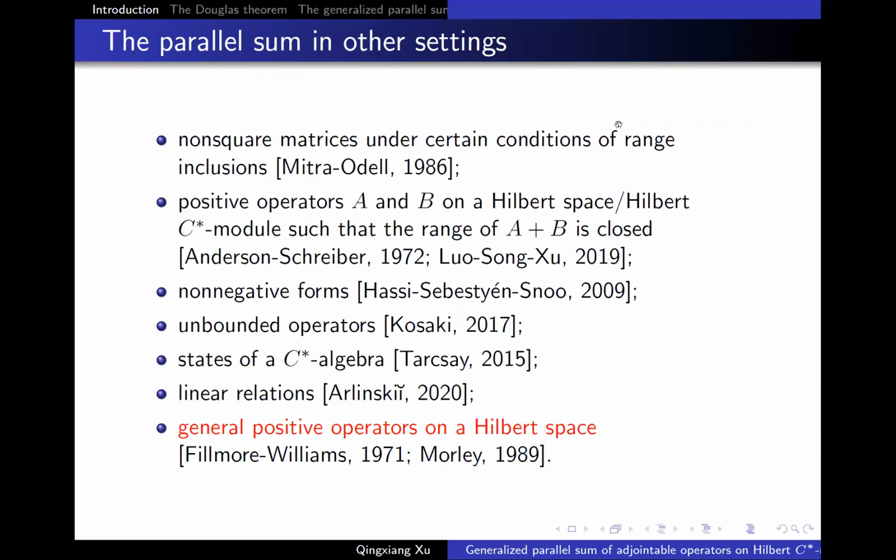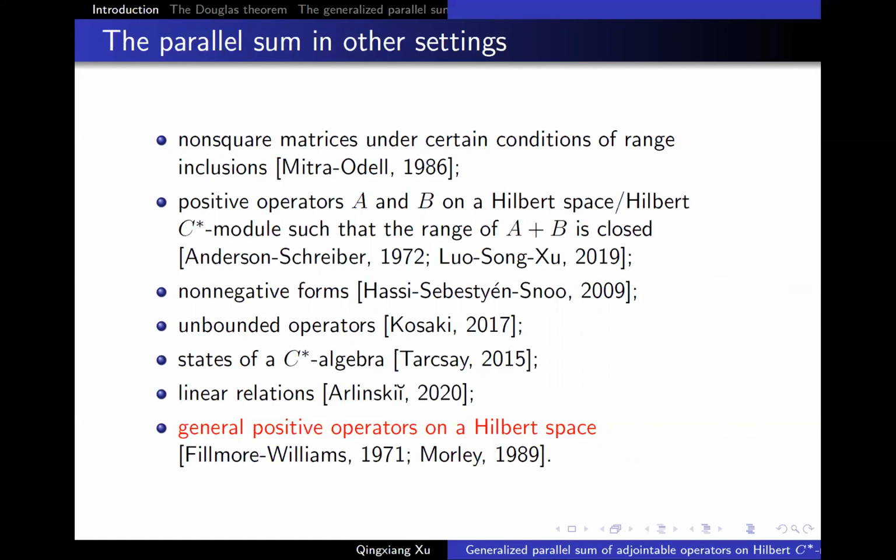We have talked about the parallel sum for two positive matrices. Actually, the parallel sum has been dealt with in other settings. For example, Mitra and Odell have dealt with the parallel sum for non-square matrices. Of course, some additional conditions should be added.